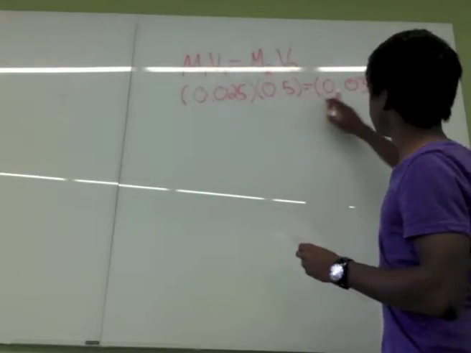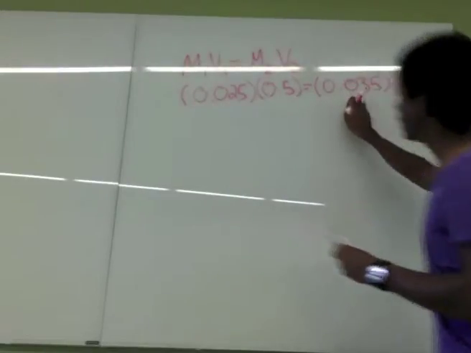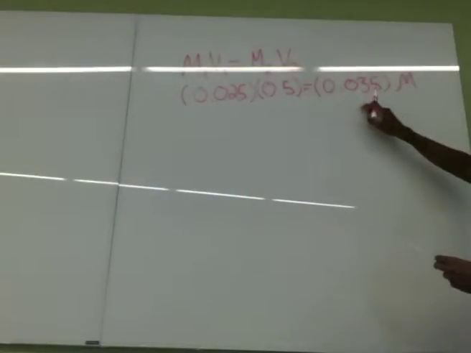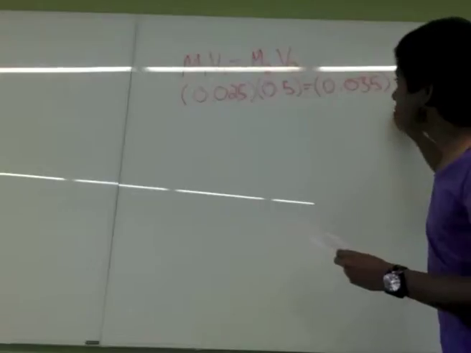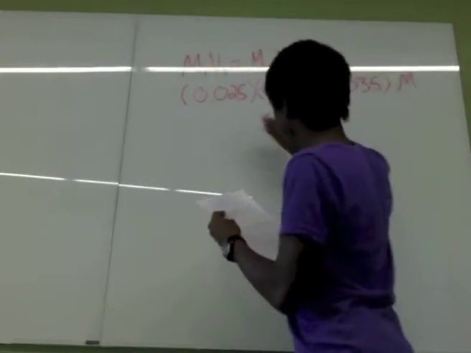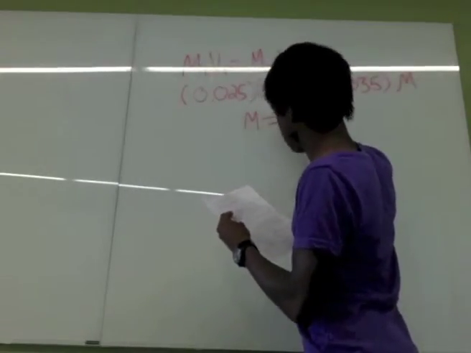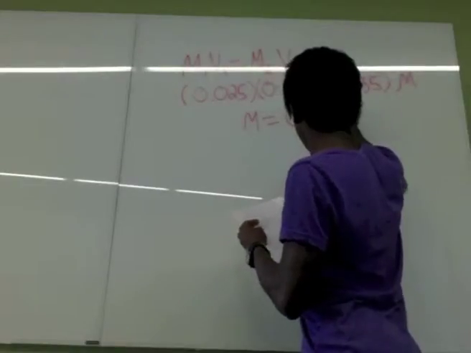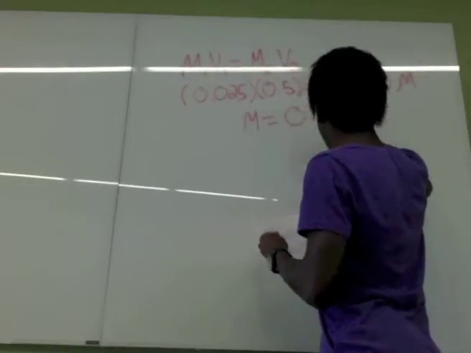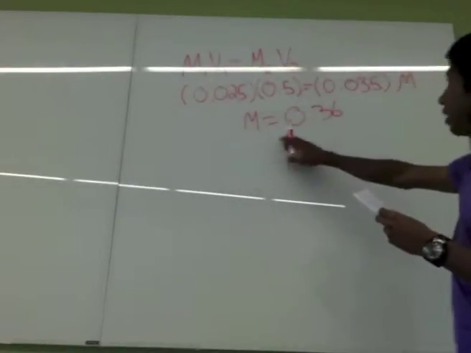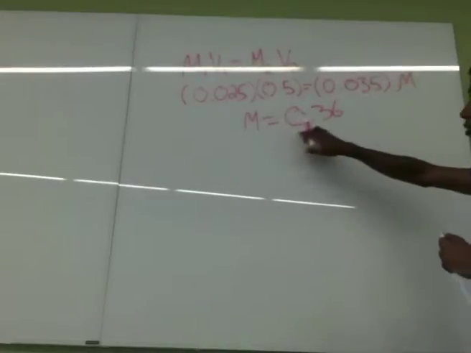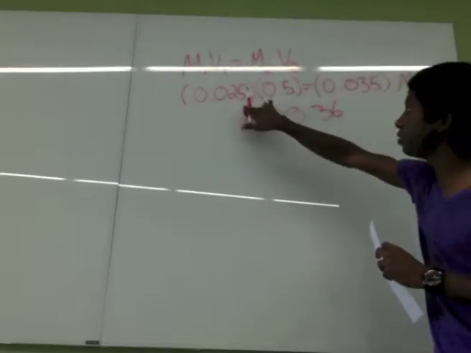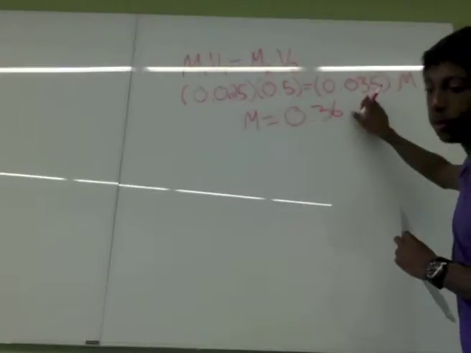We also convert 35 milliliters to liters, so we get 0.035 liters. And then we will now solve for M. After you solve for M, you get the result, M equals 0.36, after multiplying these two values together and dividing by 0.035.